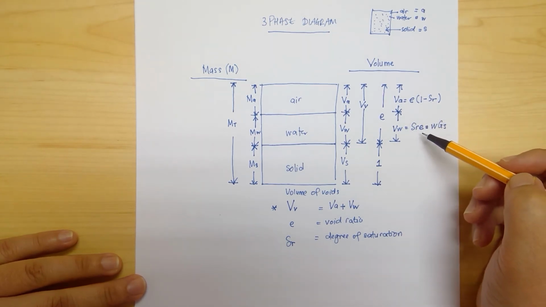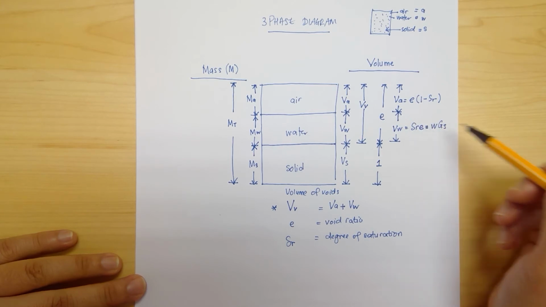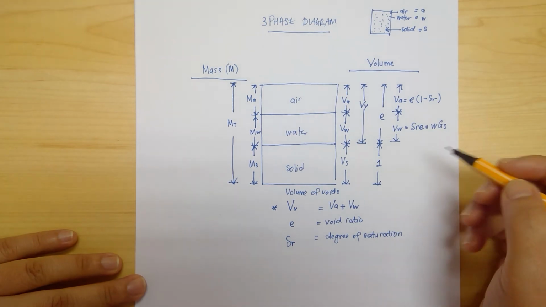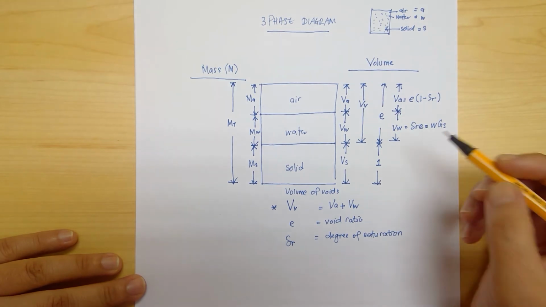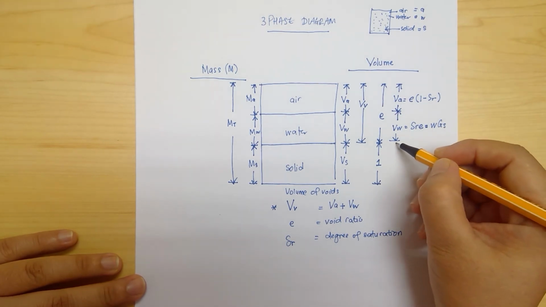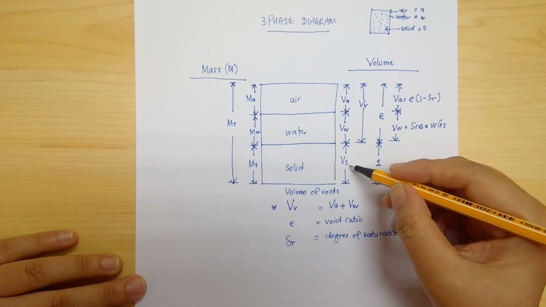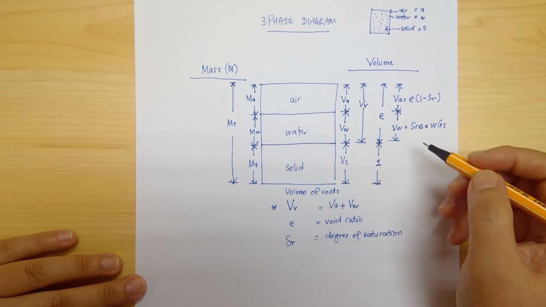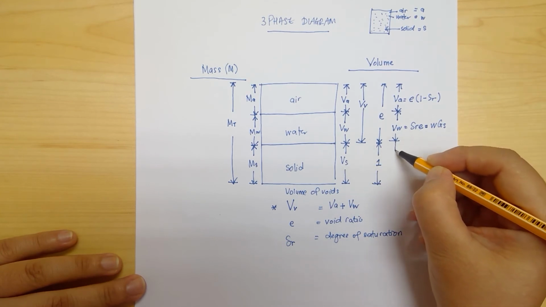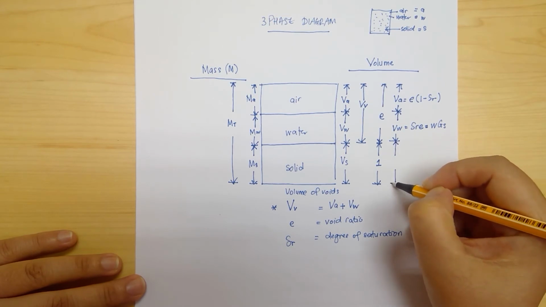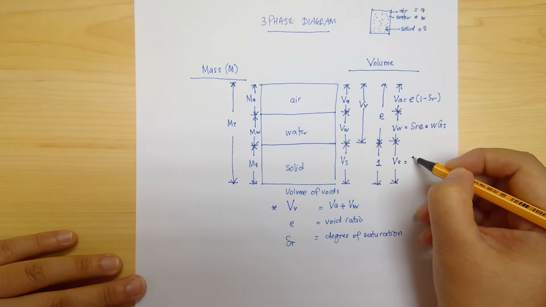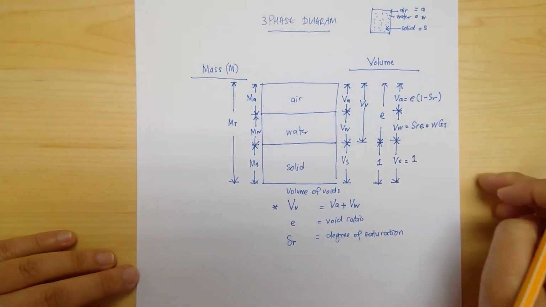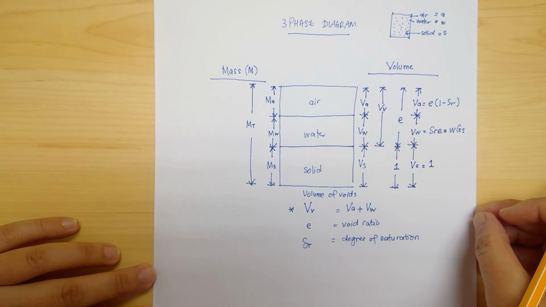You will use either Sr e or w Gs, whichever is required in your equation later. Whenever suitable, you will use either one. And then for the volume of solid, we don't have anything to represent the value except what we know earlier as 1.